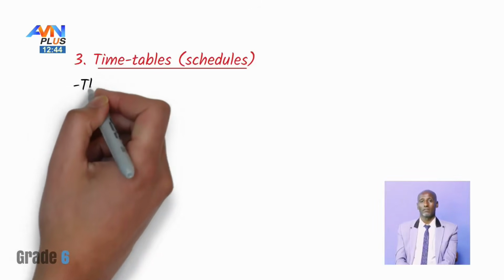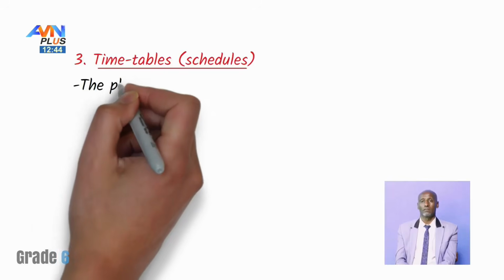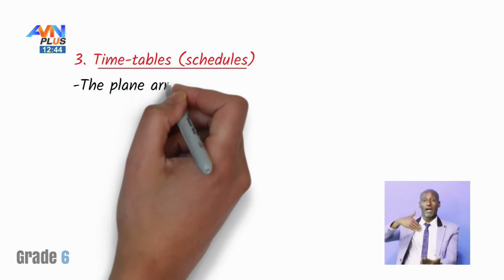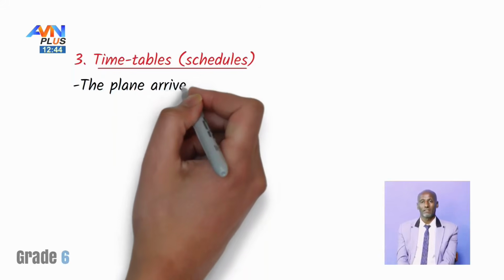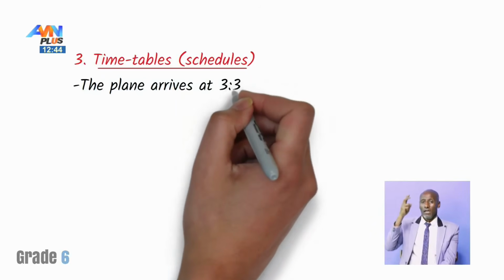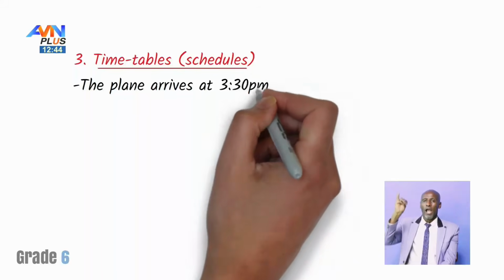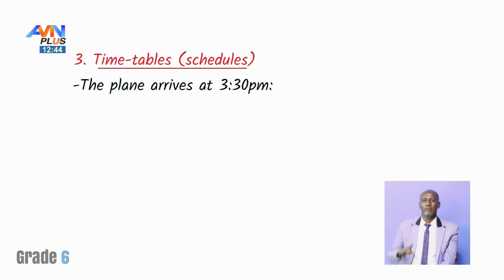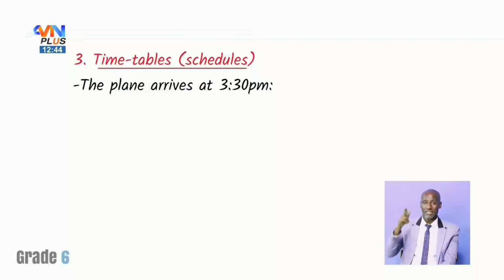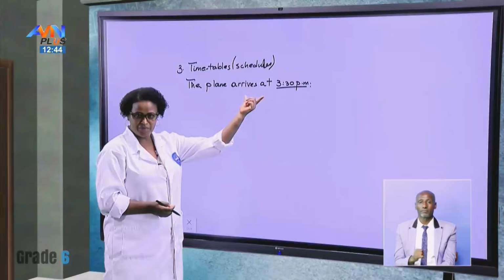The plane arrives at 3:30 p.m. Look at this. The plane arrives at 3:30 p.m. We have a schedule, 3:30 p.m. It is what? Arrival time.